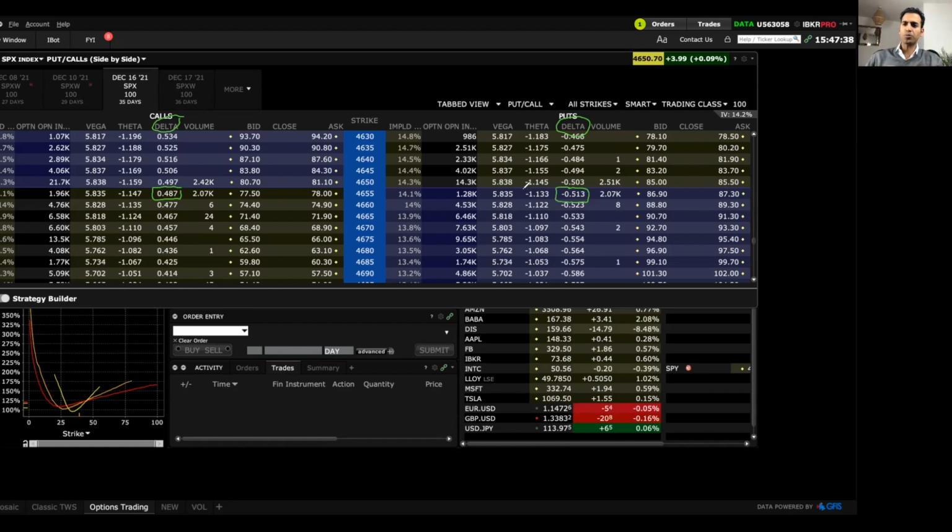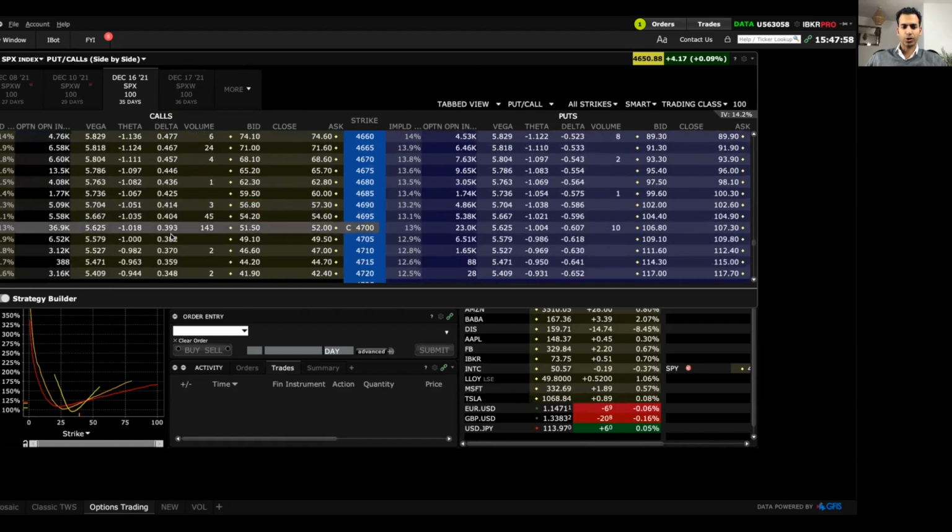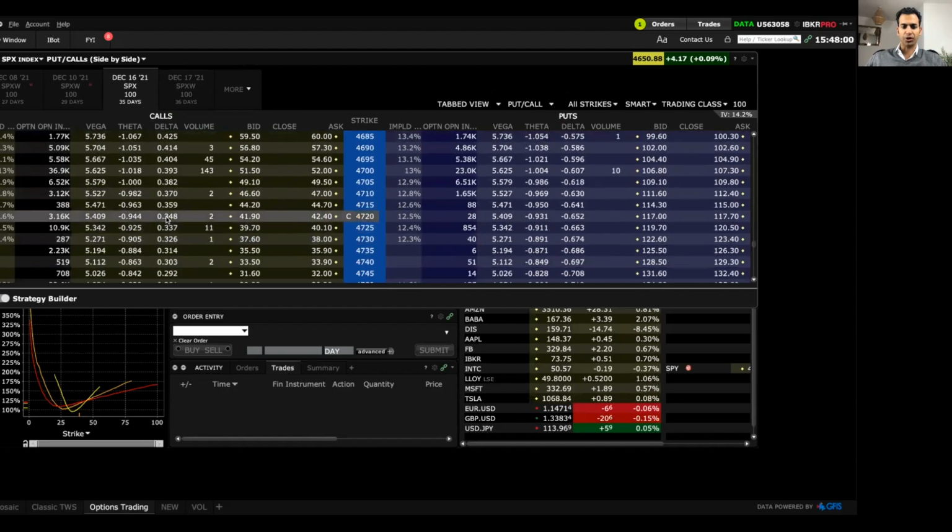Now, if we look at options with different strikes, what do we see? If we go up, we can see that these call options struck with higher strikes, the delta is moving down. If we keep on moving, we see that delta goes down to 0.35.